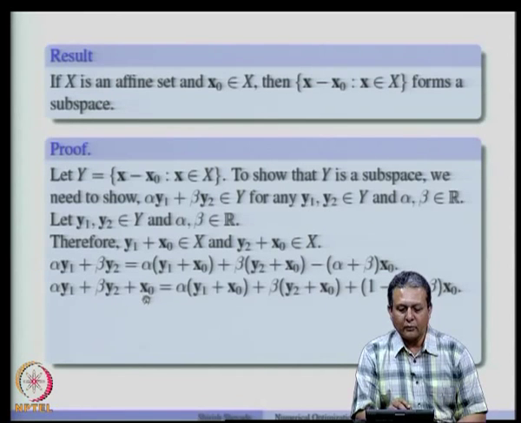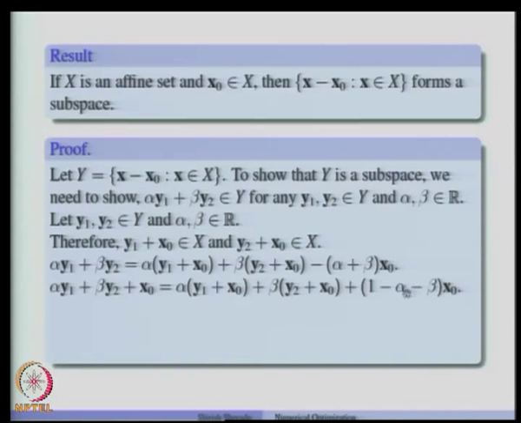Once you add x0, these quantities remain the same, and the one x0 gets added to the third quantity. Now, you will see that y1 plus x naught, y2 plus x naught and x naught belong to X, and this is an affine combination of the three vectors in the set X, because alpha plus beta plus 1 minus alpha minus beta is 1. So, clearly alpha y1 plus beta y2 plus x naught belongs to the set X.